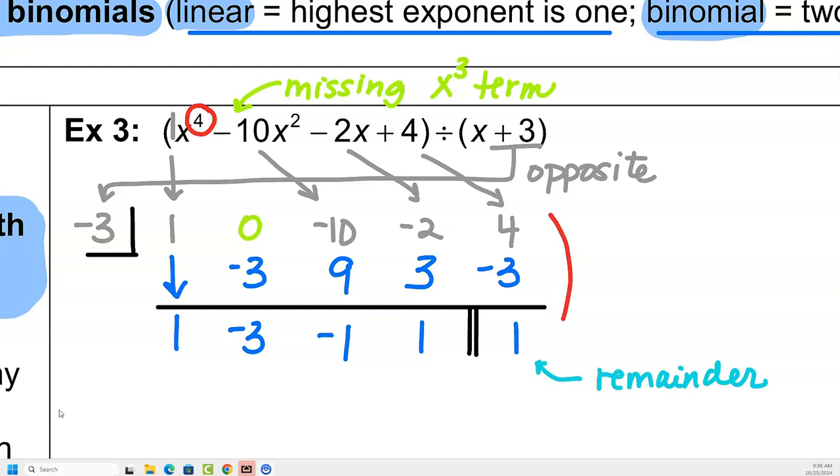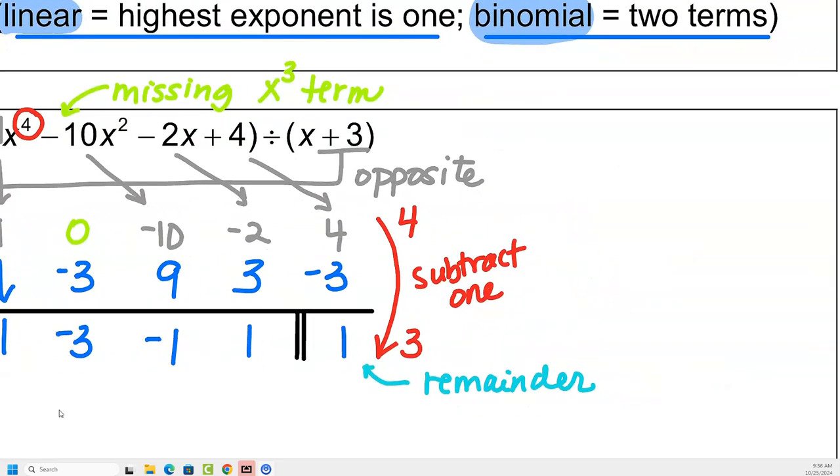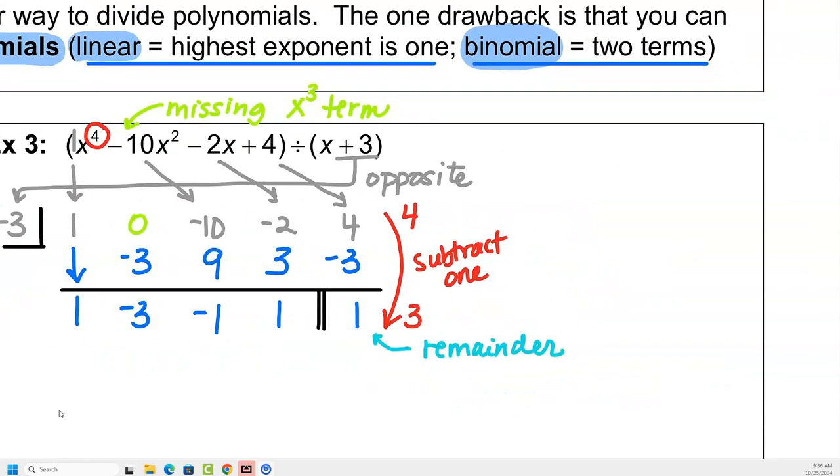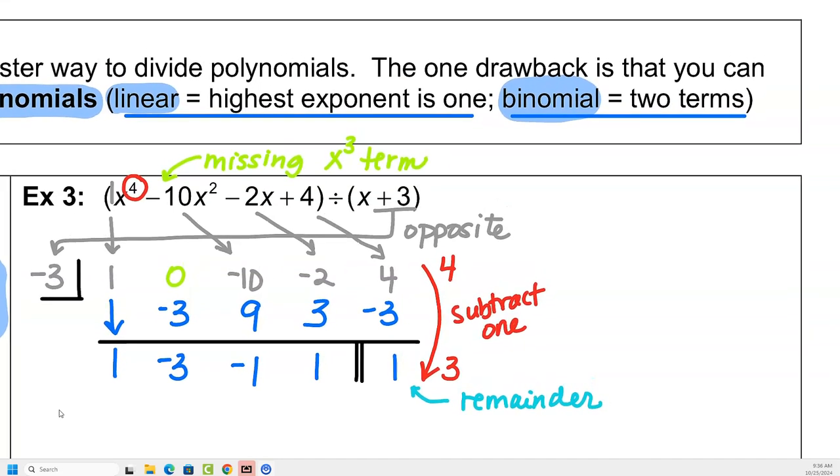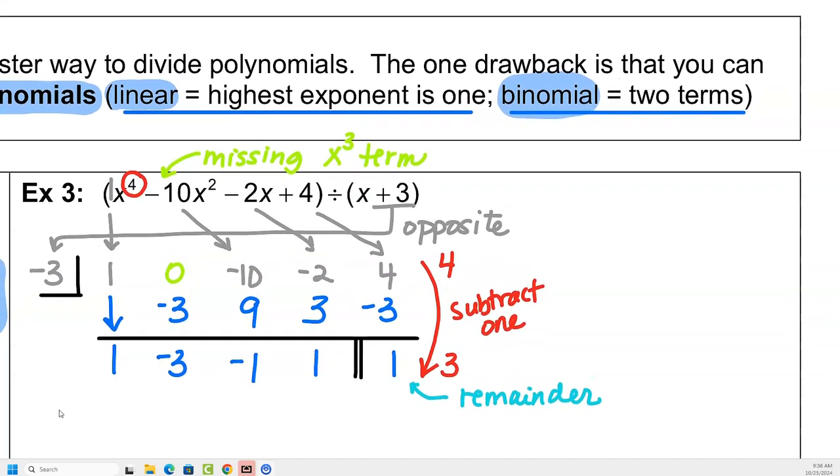Okay, and then remember here, the highest power was a 4. Remember I said you subtract 1. 4 minus 1 is 3. Now, why is it always subtract 1? Okay, and I do need to write my answer still. But notice it's always subtract 1. What's the leading term in the dividend, right?